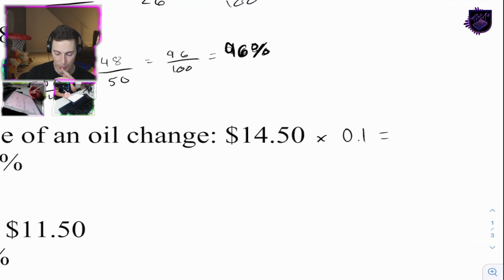Moving the decimal point over, 10% of 14.50 is going to be 1.45, our discount.